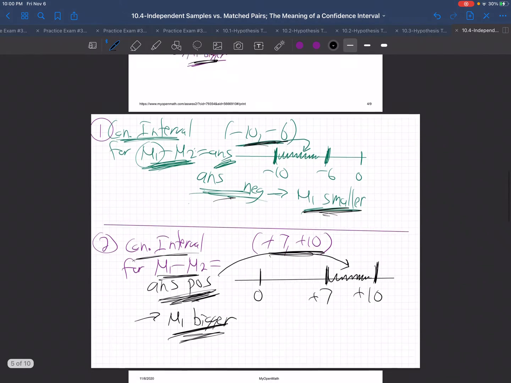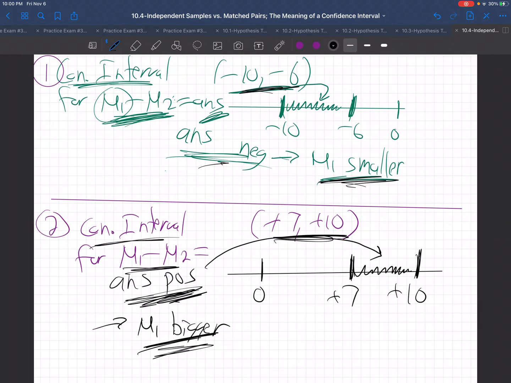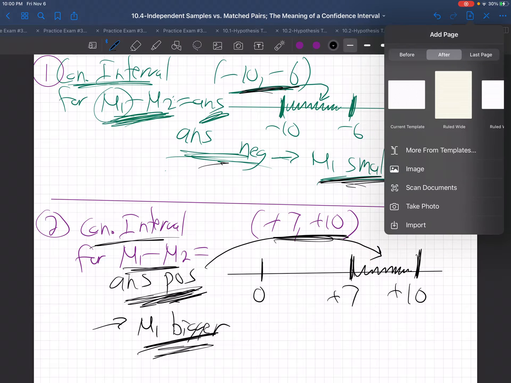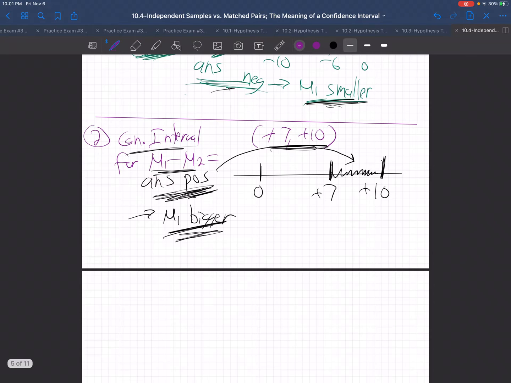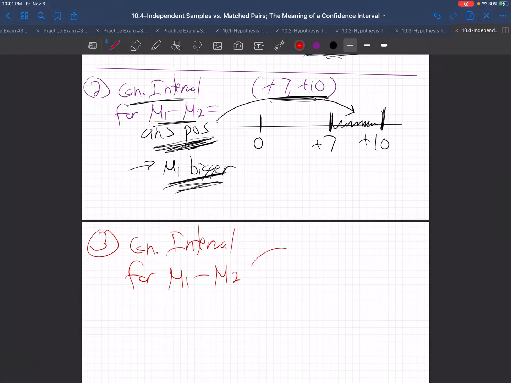And then the third case, the last case. The last case is if the confidence interval for mu1 minus mu2 comes out to have both negative and positive numbers, like -4 and +3.